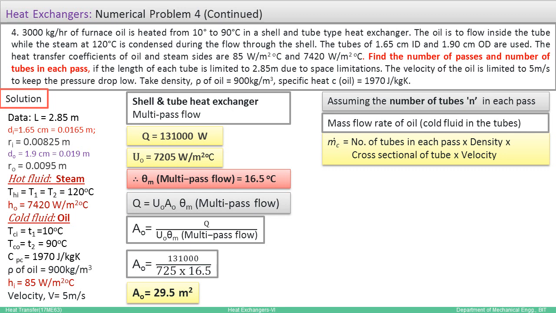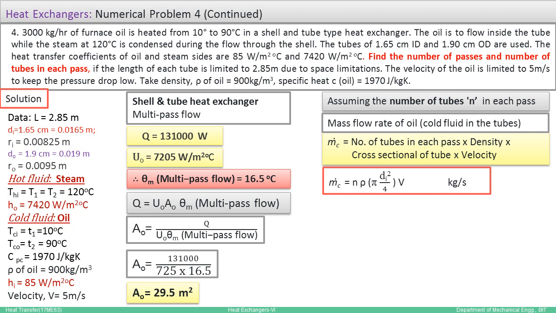So mass flow rate of oil m dot c, which is the cold fluid, is equal to number of tubes in each pass multiplied by density of the oil multiplied by cross sectional area of the tube multiplied by the velocity. This is just by using the continuity equation, rho into A into V, but since there are n number of tubes, we have to consider that also.